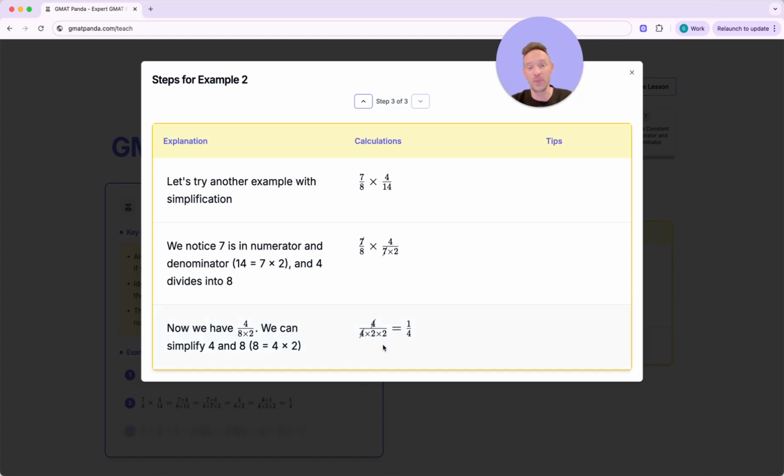At the bottom, we're left with this 2 here, and we have another 2 coming from the 8. Unfortunately, at this stage, we have to do the multiplication. So 2 times 2 equals 4, and we're left with 1 over 4, or a quarter. So notice how we've, as much as possible, saved ourselves from doing multiplications there, but we've looked for simplifications.